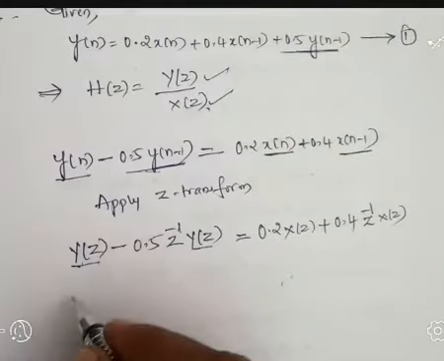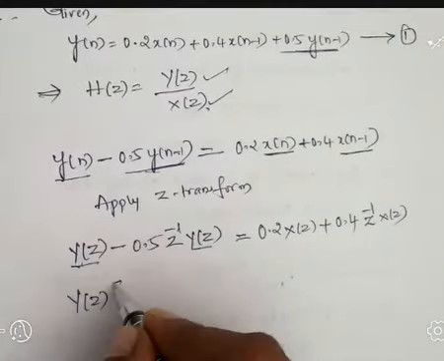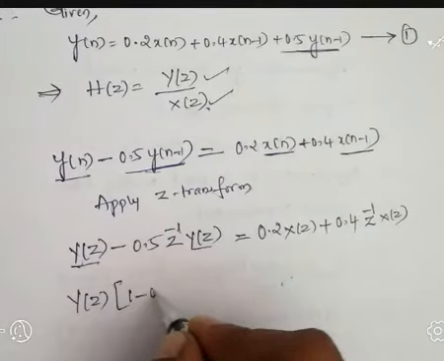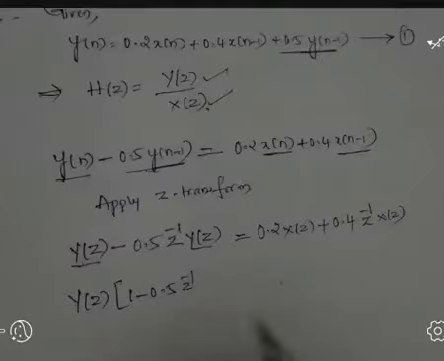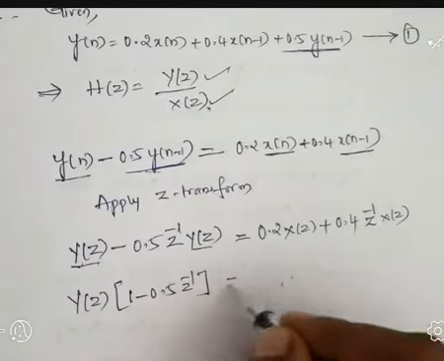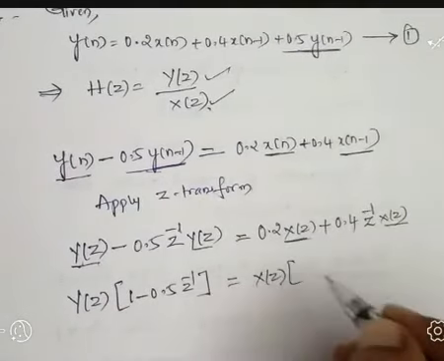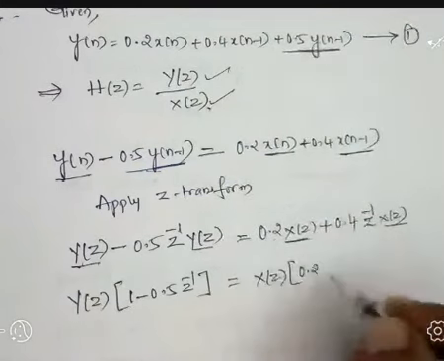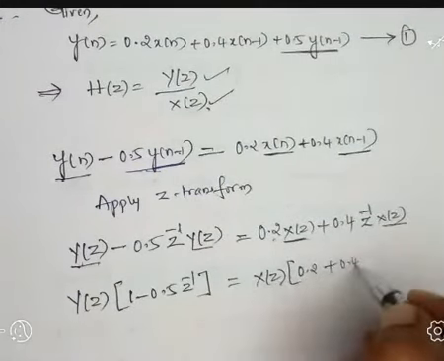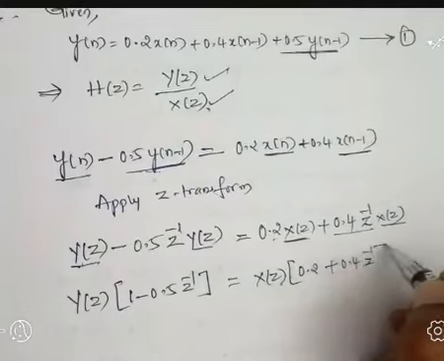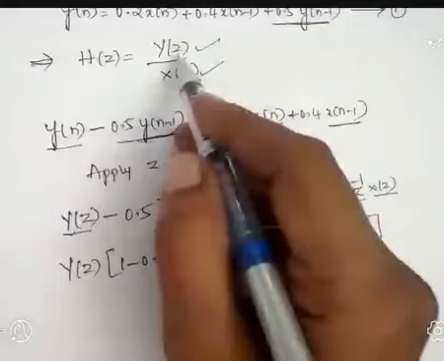Now here Y(z) is there on both terms, so let us take Y(z) common: 1 minus 0.5 z to the power minus 1. Similarly, here I will take X(z) common inside the bracket: 0.2, and left with 0.4 z to the power minus 1. We know the transfer function is Y(z) by X(z).